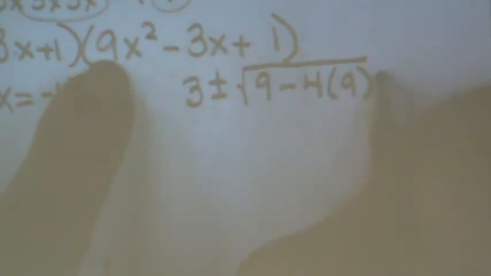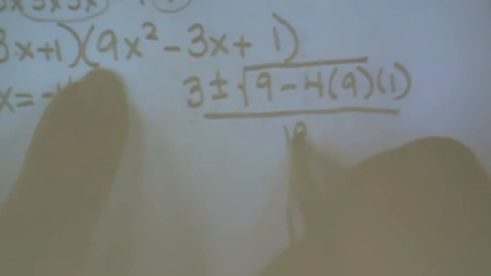That's easy. This one, I would use the quadratic formula. It's negative b, so 3 plus or minus the square root of b squared, 9, minus 4 times 9 times 1, all over 2 times 9, which is 18.